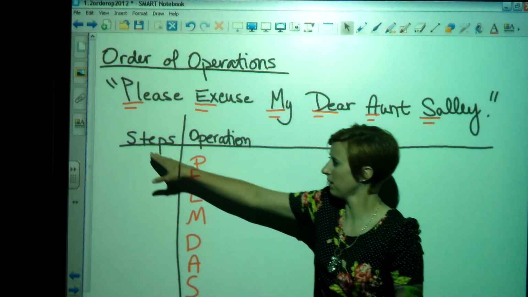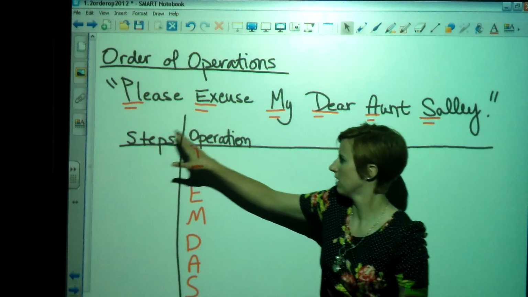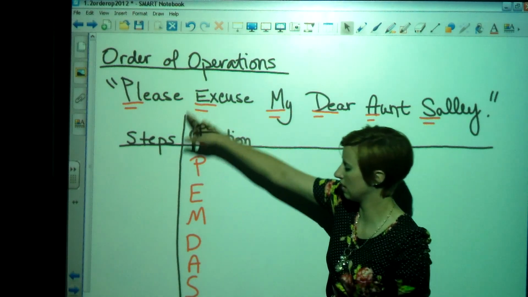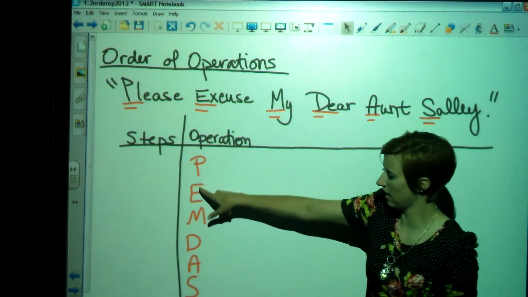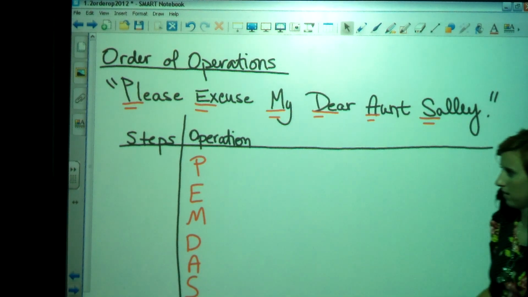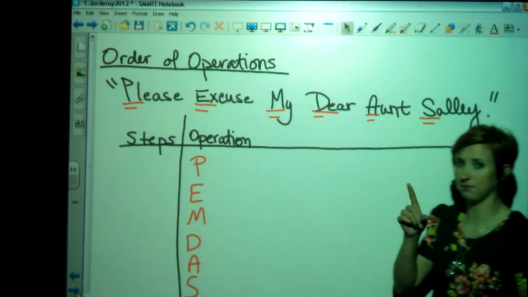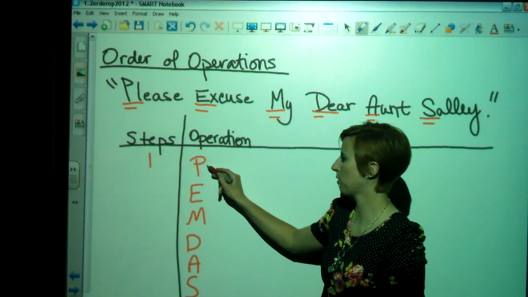And if you see, I wrote it out as a chart, so go ahead and make this chart where we have steps and the operation and just a little T-table for it. And as you see, I wrote my PEMDAS down vertically on the lines. So our first step in our order of operations starts with a P and it's parentheses.